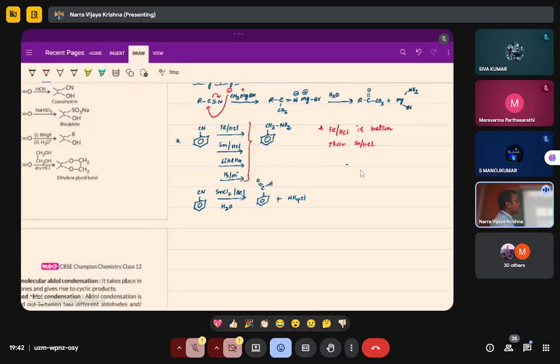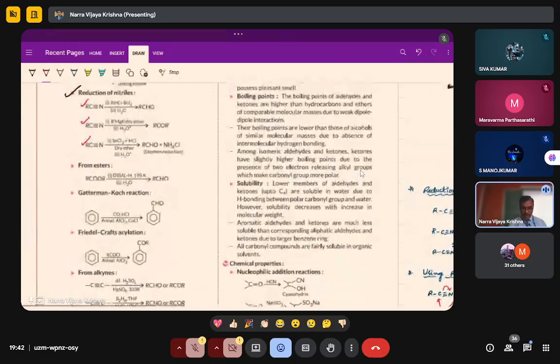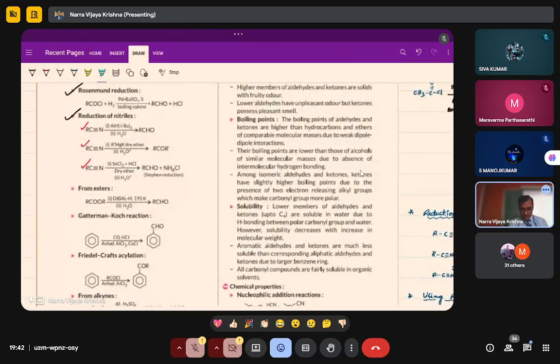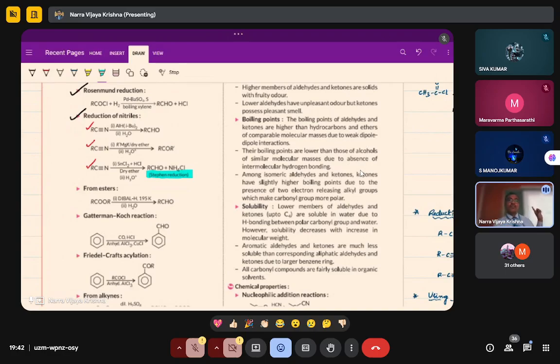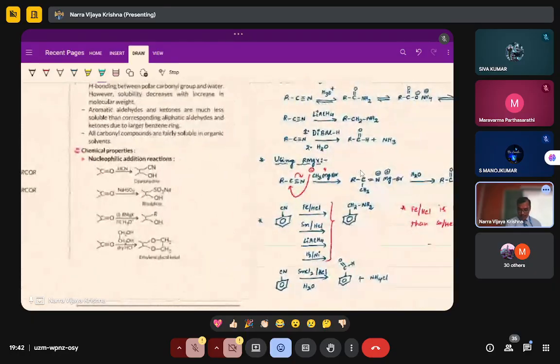Correct or not? Cyanides in presence of SnCl2 and HCl, followed by hydrolysis. What did you get? Aldehydes. So what do we call this? We call it Stephen reduction. This is the third reaction. Any questions? Clear? One more point.